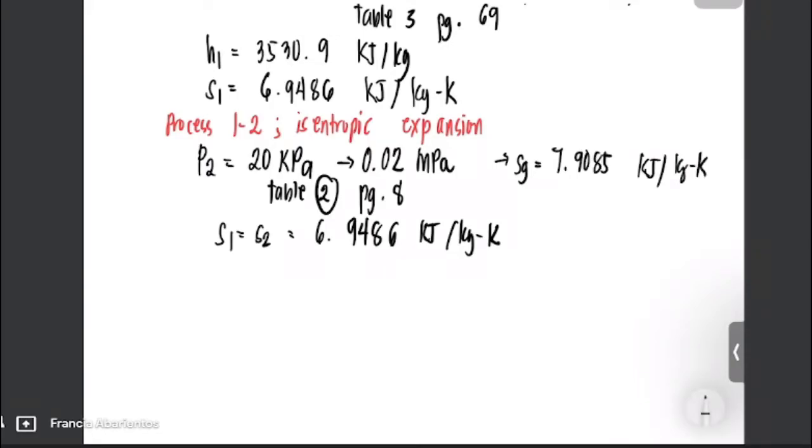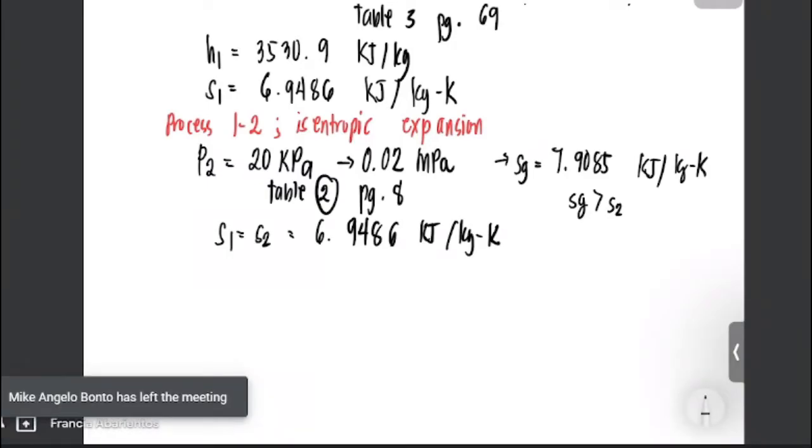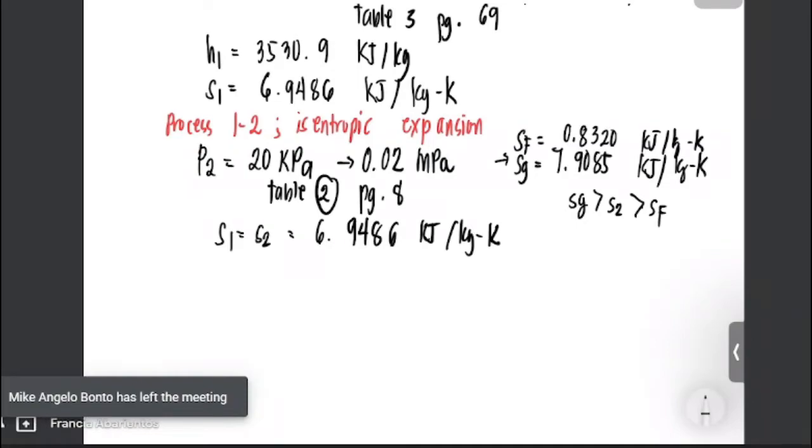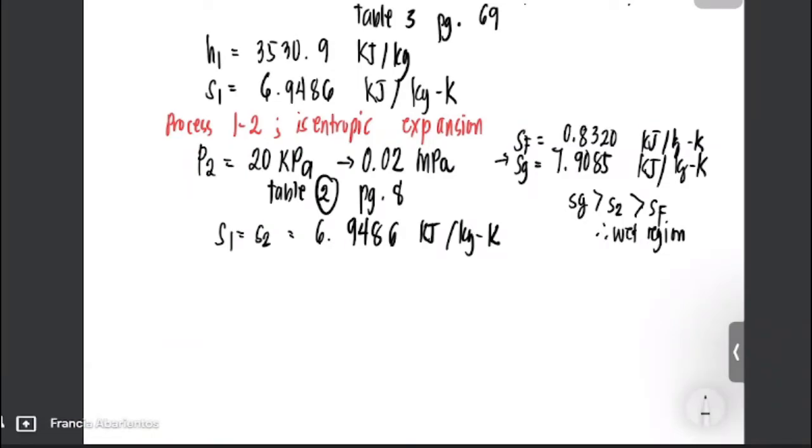Okay, so mas mataas si SG natin kaysa sa S2. And considering na yung SF natin, entropy at saturated liquid, is 0.832. So, mas malaki naman yung S2 natin sa SF. So, automatically, wet region. Okay?